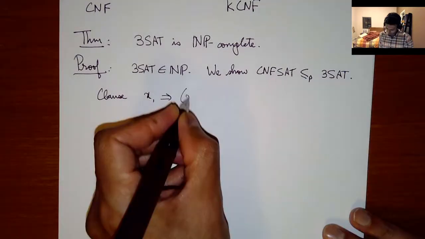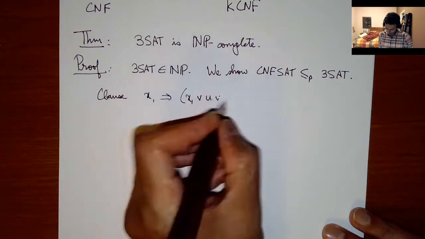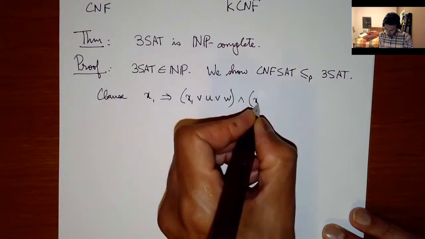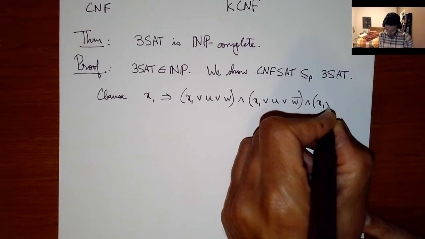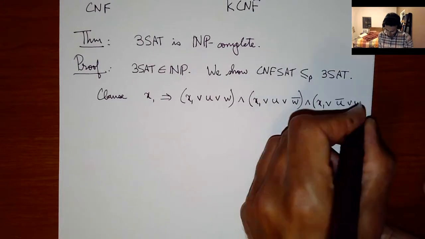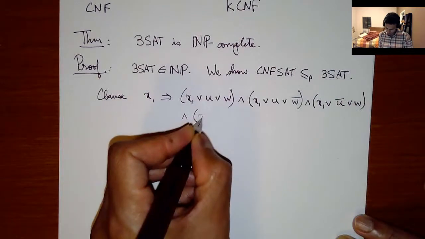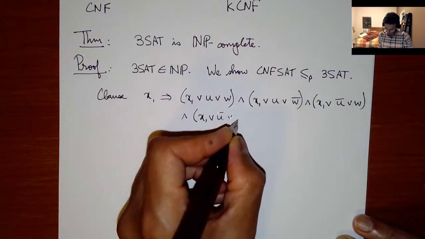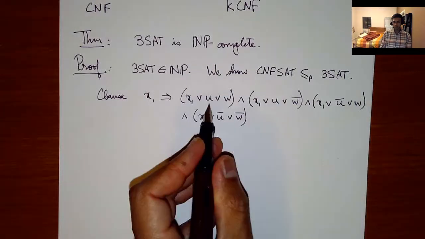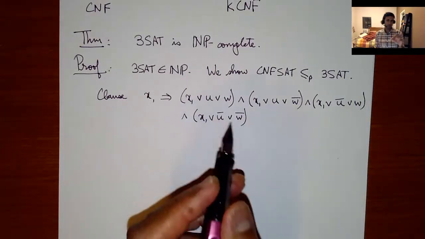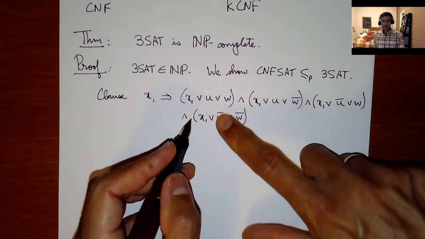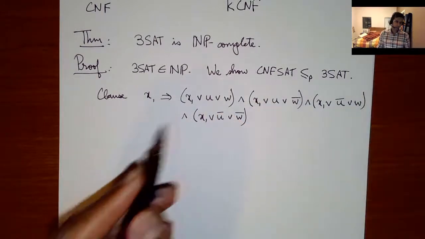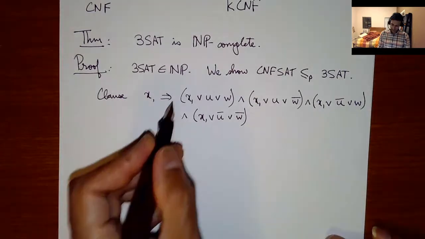We'll say x1 or u or w, and x1 or u or not w, and x1 or not u or w, and x1 or not u or not w. This is just putting all possible settings of the literals u and w with negation. So no matter what you set u and w to be, you're just going to end up with x1 as one of the clauses, and then that has to be satisfied. So x1 is satisfiable if and only if these four clauses together are satisfiable.